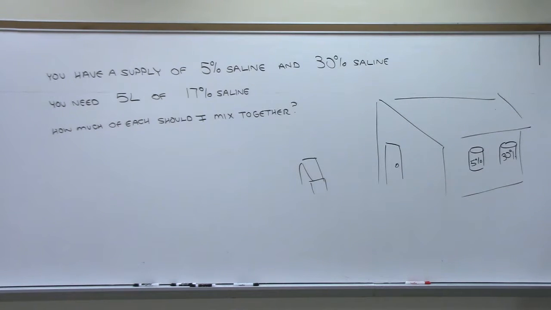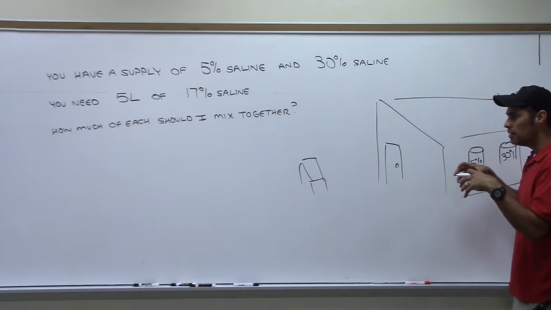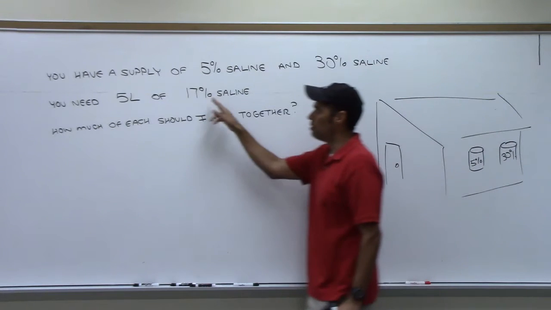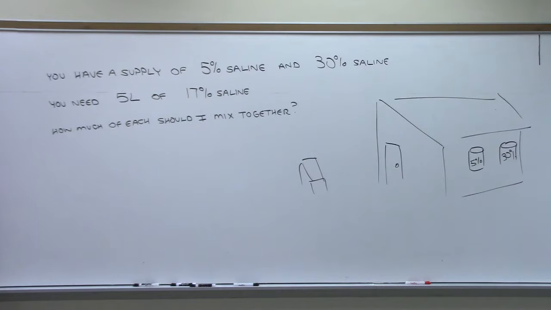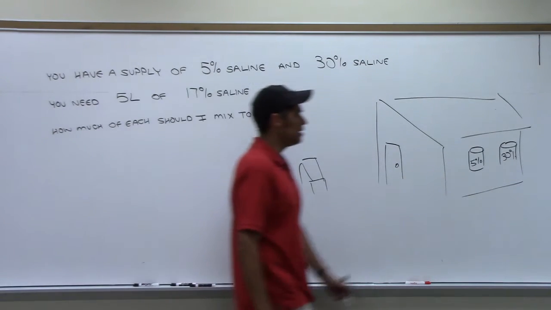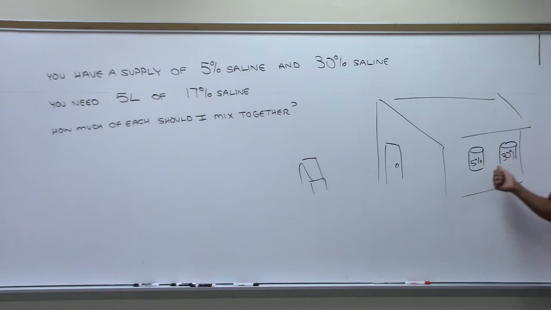You understand what I'm trying to do? Got to go back there, mix those two together to get exactly a 17% solution. 5 liters, dead on 5 liters. If I do all 5 liters of the 30% solution, then I'm going to have a 30% solution, right? If I do all 5 liters 5%, it's going to be 5%. Somewhere in the middle, right? Somewhere is this point where I would be at a 17% mixture.